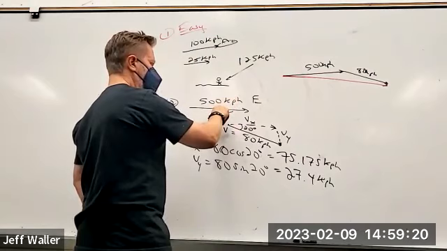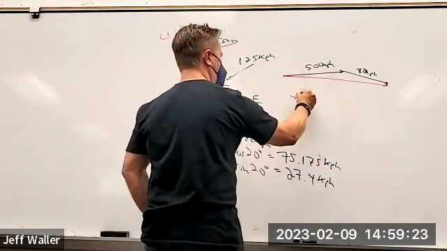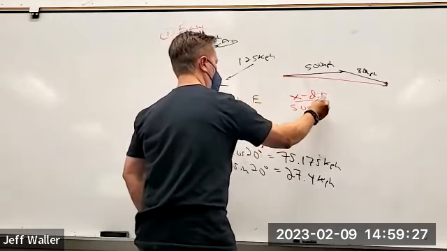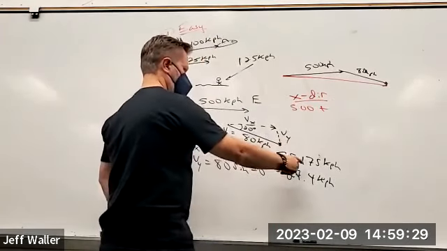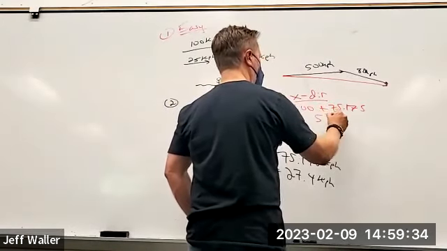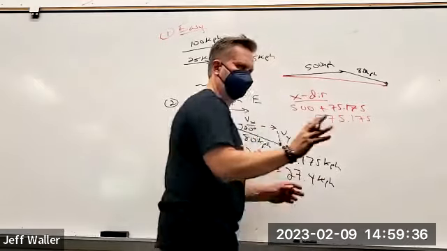This is acting in the X direction, so what is all the stuff that's acting in the X direction? 500 and 75.175. So in the X direction, I get 575.175.